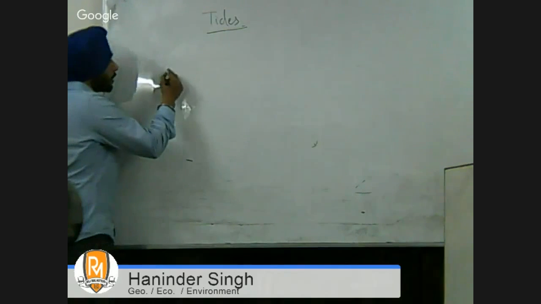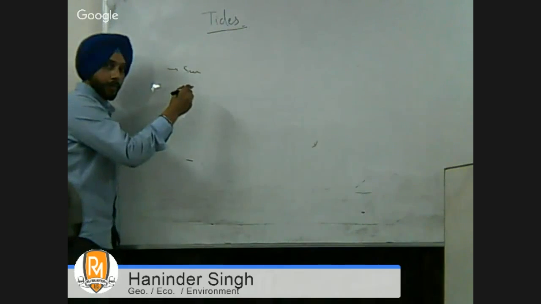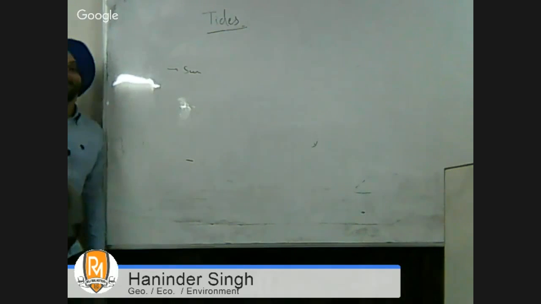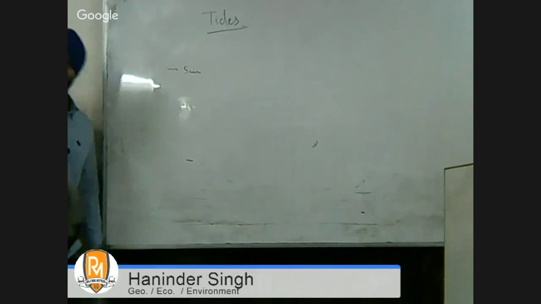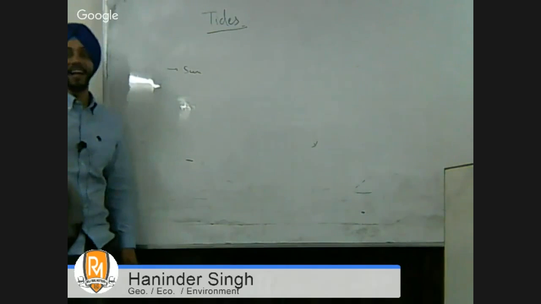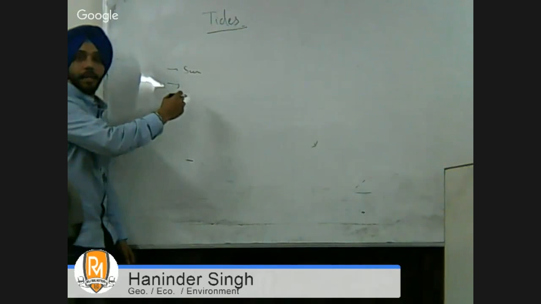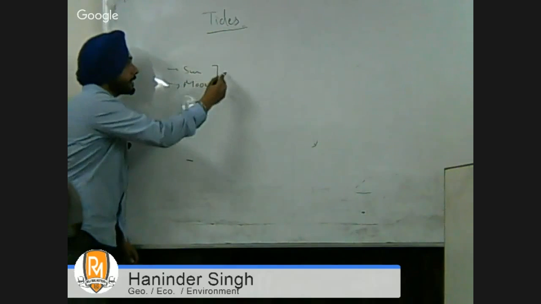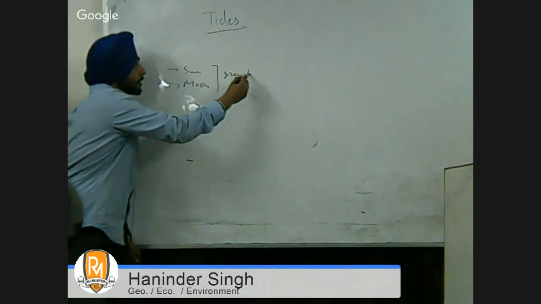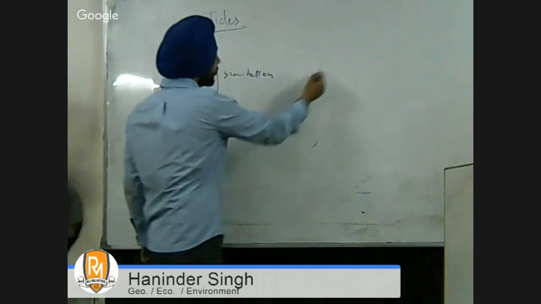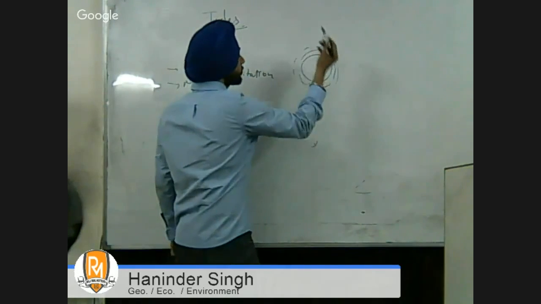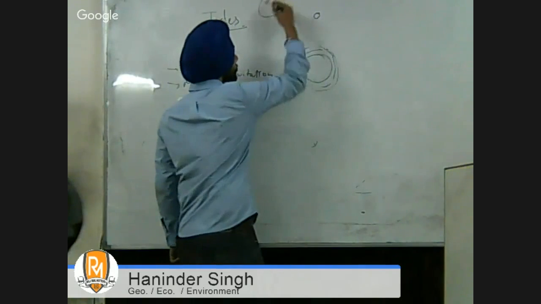Something to do with the sun, and then their gravitation. Okay, so if this is earth, this is an ocean, this is the moon and this is the sun.